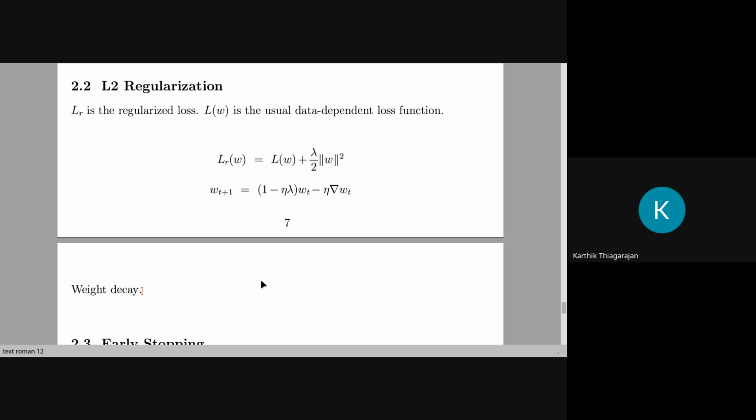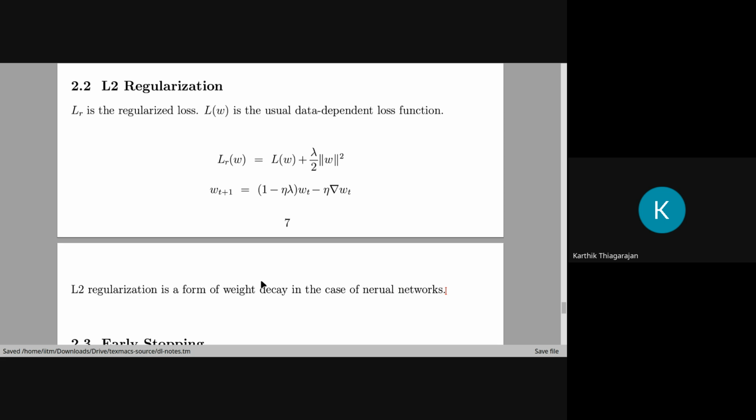You can think of L2 regularization as a form of weight decay. So L2 is a form of weight decay in the case of neural networks, or even otherwise, but let's say specifically here, that's what is happening.